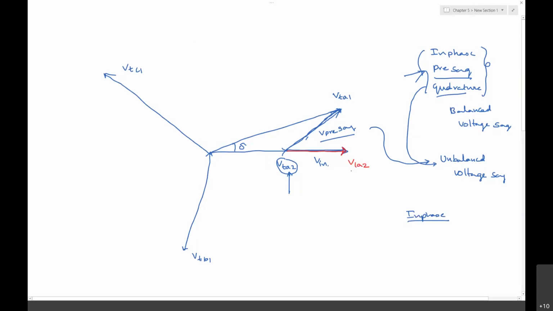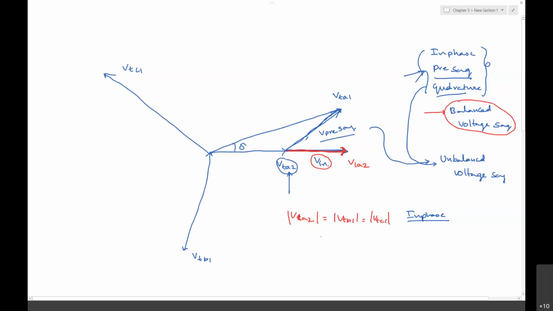If I consider the background of the balanced voltage sag and try to inject in this phase, then the magnitude of VLA2 is going to have VTB1 and VTC1.